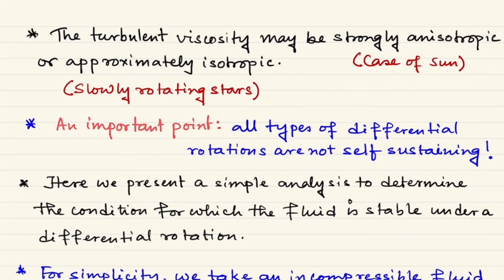So for the sun, differential rotations are prominent. I already discussed that the signature of differential rotation, including the spatial distribution of the angular velocity, can be obtained using helioseismology, the physics of the oscillation of the sun, with radial and non-radial modes.